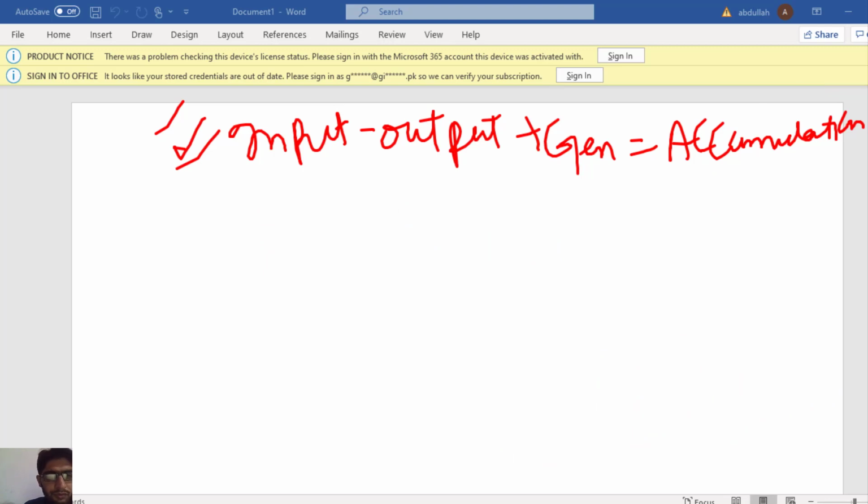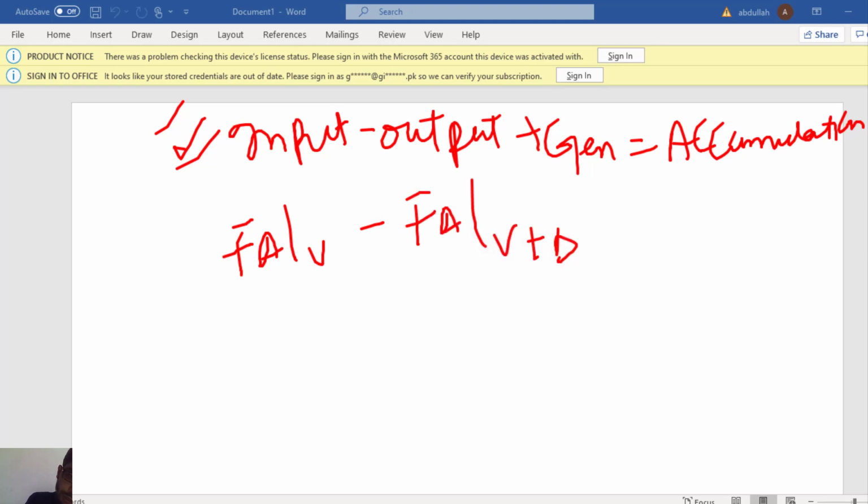Now after simplification, we get FA at V minus FA at V plus delta V plus RA dV is equal to 0.